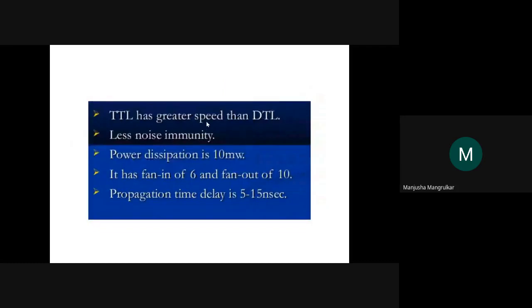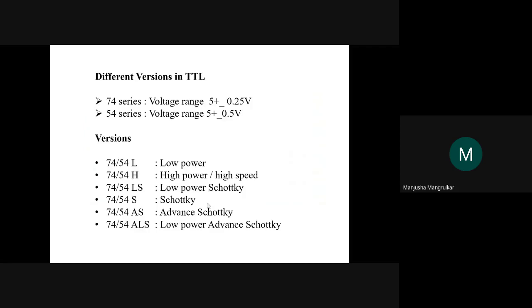Now TTL has greater speed than DTL, diode transistor logic, less noise immunity, and power dissipation is 100 milliwatt. It has a fan-in of 6 inputs and a fan-out of 10 gates it can drive. Propagation time delay is 5 to 15 nanoseconds.